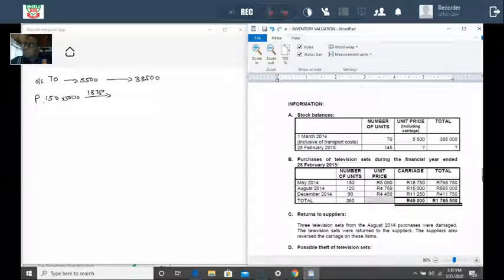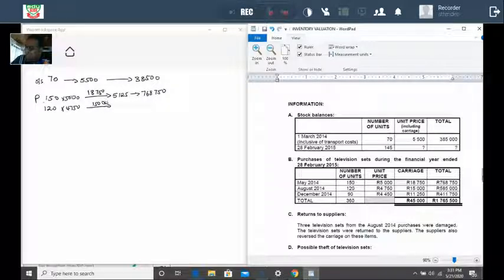So if we take this 18,750 divided by 150, then the price of each of these is going to increase to 5,125, meaning each of them has a value of 125 added to it just because of carriage. So that gives us our total of 768,750.